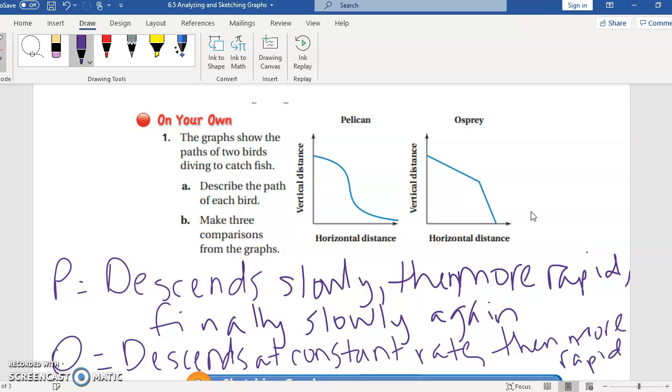Okay, letter B, make three comparisons from the graphs. Well, both graphs are decreasing, right? This is letter B. So both decreasing. That's number one. Number two, they're both nonlinear.